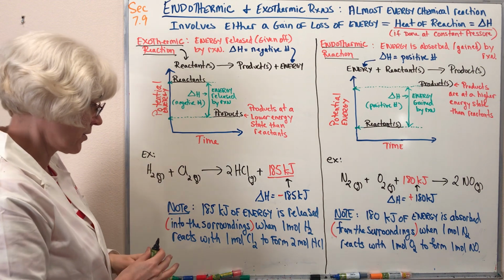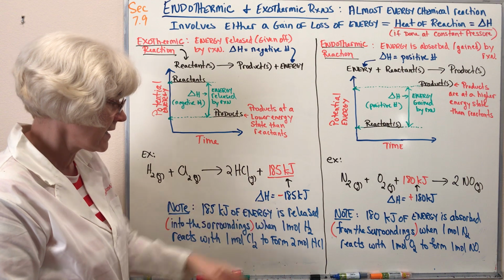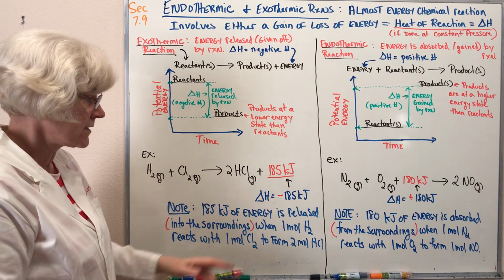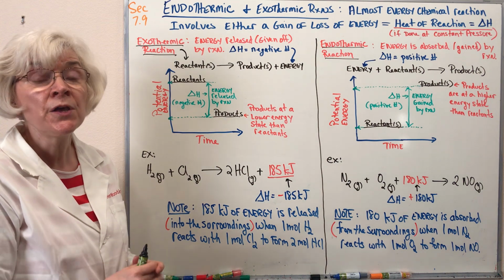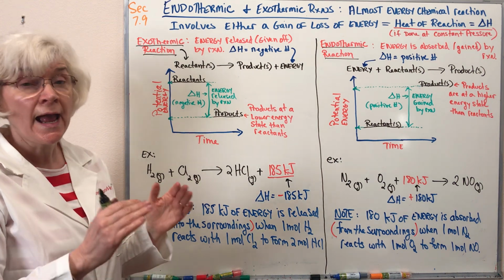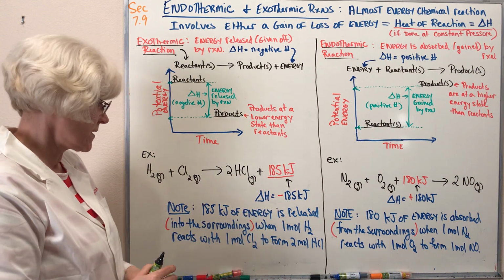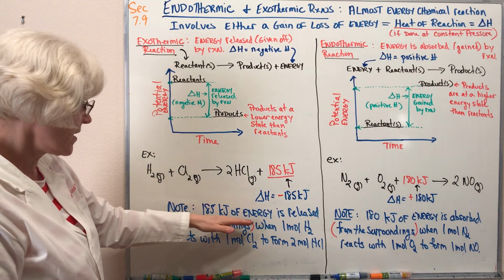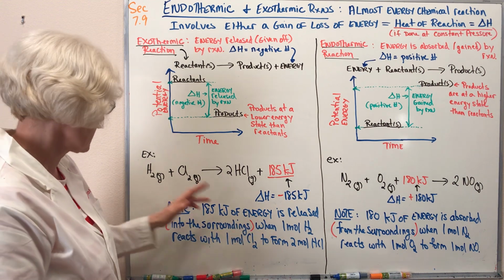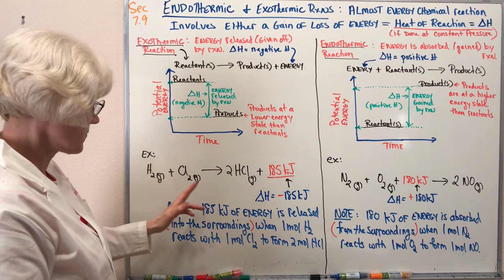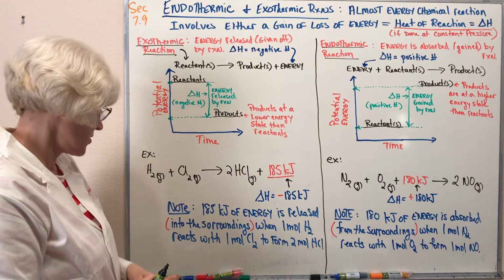So our heat of reaction, our delta H, is a negative 185 kilojoules, and whenever you see that negative number, you know that you are looking at an exothermic reaction, a negative value for delta H. So 185 kilojoules of energy is released into the surroundings when 1 mole of hydrogen reacts with 1 mole of chlorine to form 2 moles of hydrogen chloride.